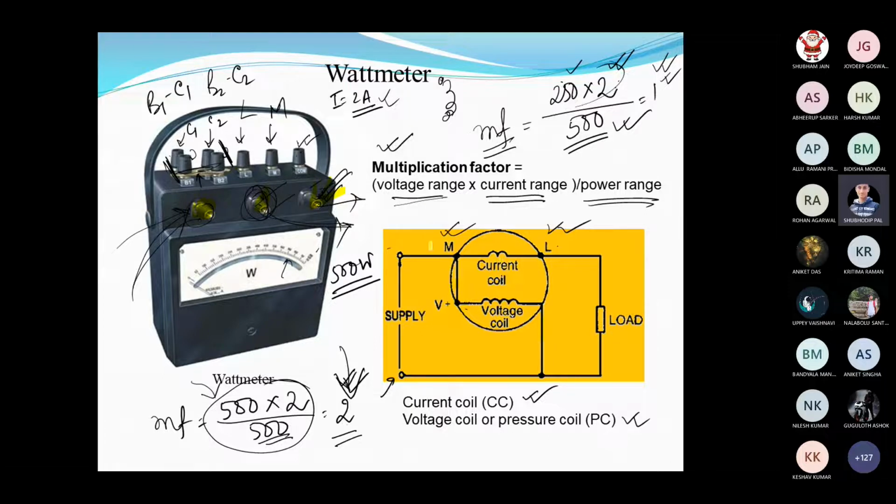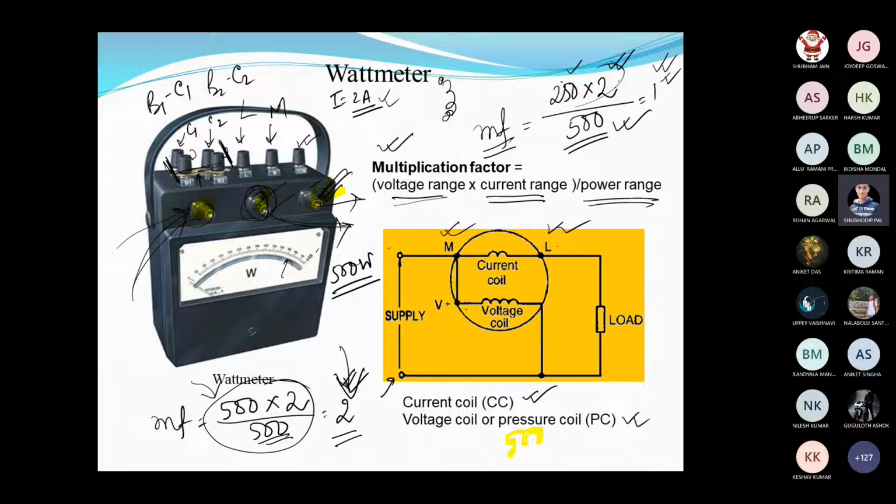Now the multiplication factor, I also told you in the last class, that the same wattmeter can be used for measuring higher power. Say if the wattmeter is showing a value of 500 and it has a multiplication factor of 2, in that case you have to multiply it by 2, so that the reading will be 1000 watt, not 500 watt.